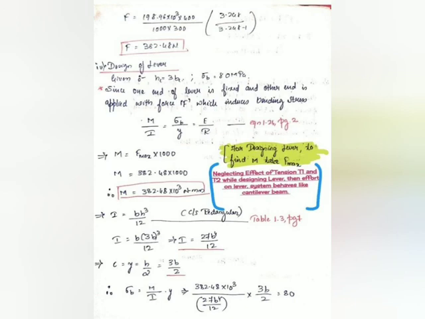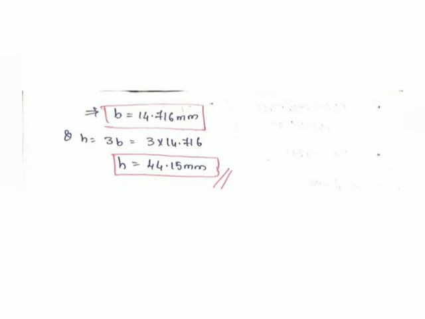Putting all these expressions in the above bending equation, we write bending stress equal to M by I into y. Substituting all the expressions and equating to 80 MPa, which is our allowable bending stress given in the question, we got width B equal to 14.716 mm, and using the condition H equal to 3 times B, we got depth H equal to 44.15 mm.